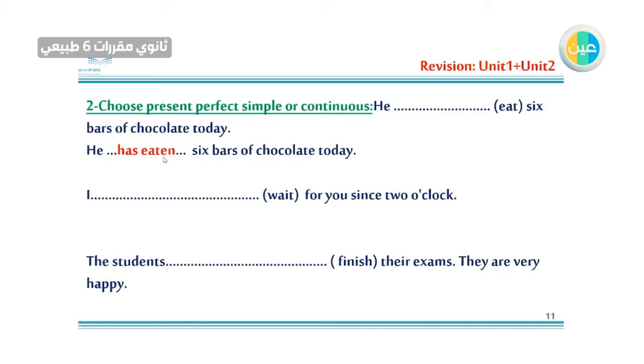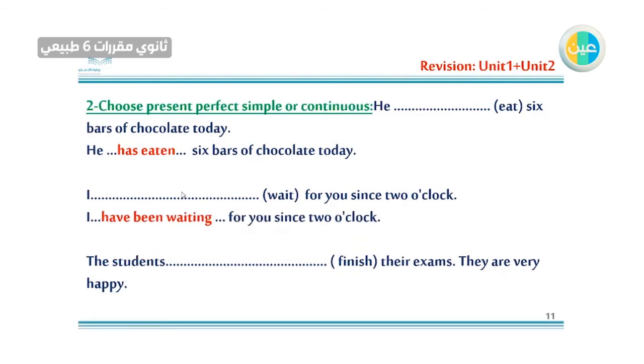Eat, ate, eaten. I wait for you since 2 o'clock. So again and again, duration. We will go with the present perfect progressive or present perfect continuous. I have been waiting for you since 2 o'clock.